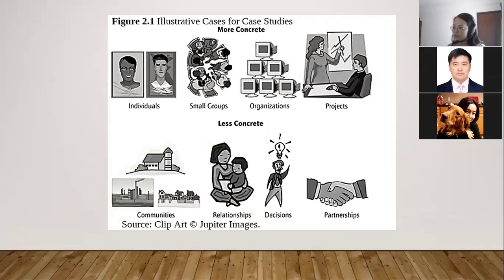On the top half are, for instance, individuals, small groups, organizations, projects, that are very concrete. You can directly observe them, right? And then the less concrete would be like communities, relationships, decisions, partnerships. You can observe them through direct interaction of people, action of people.